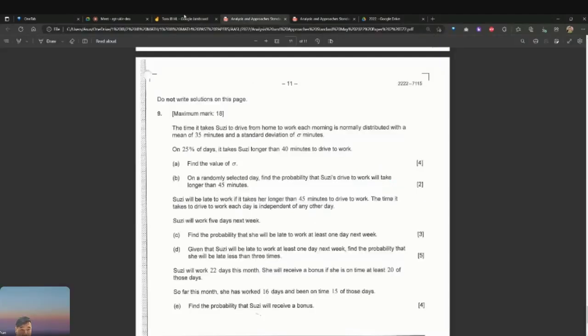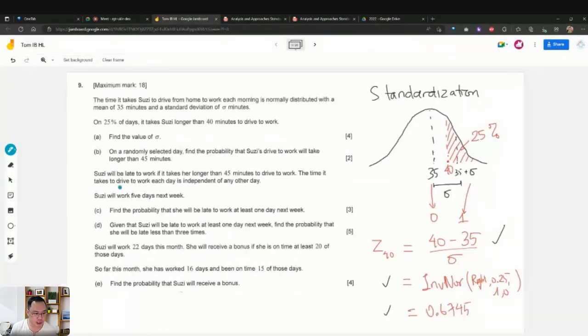Okay. Question C. Susie will be late to work if it takes her longer than 45 minutes to drive to work. 45 minutes is late. She will get a penalty, a decrease in her salary, like what's it called? A fine. Yeah.